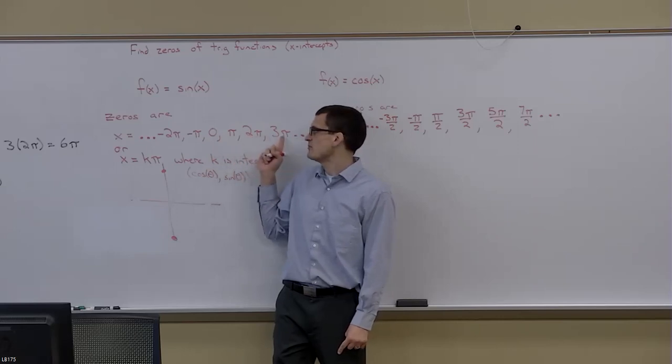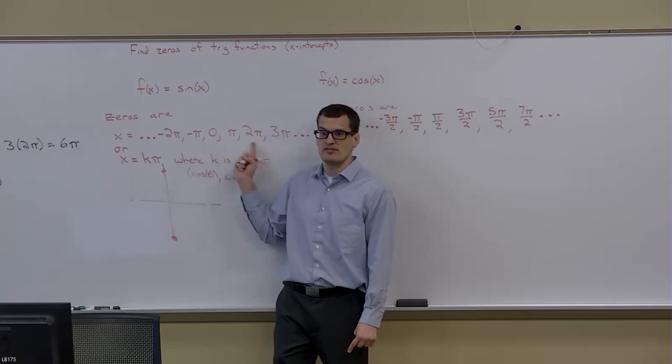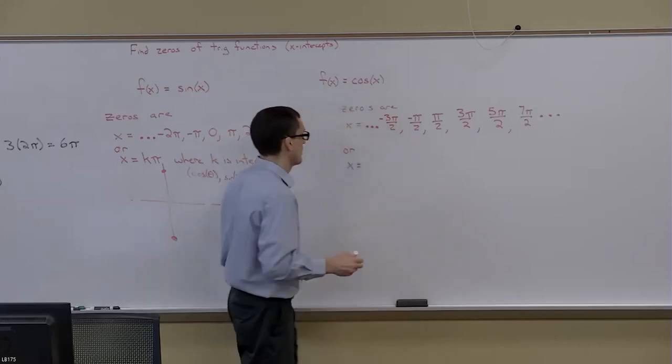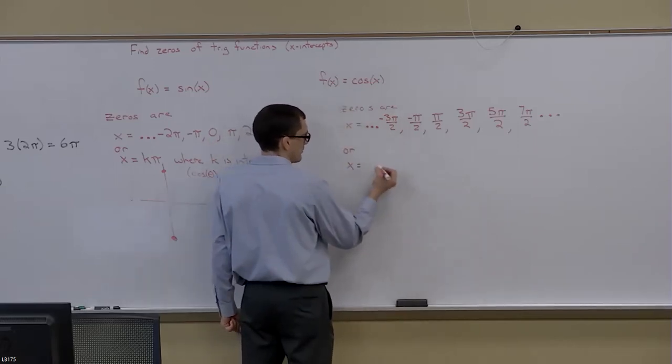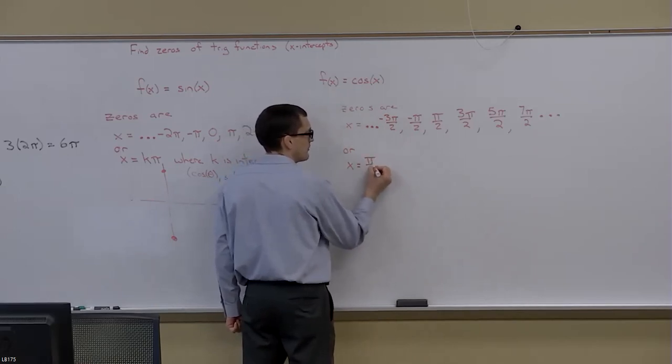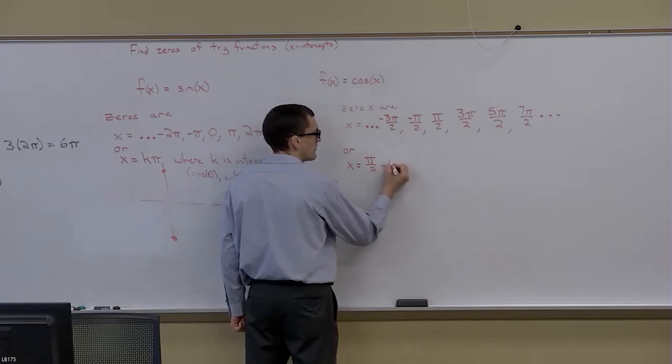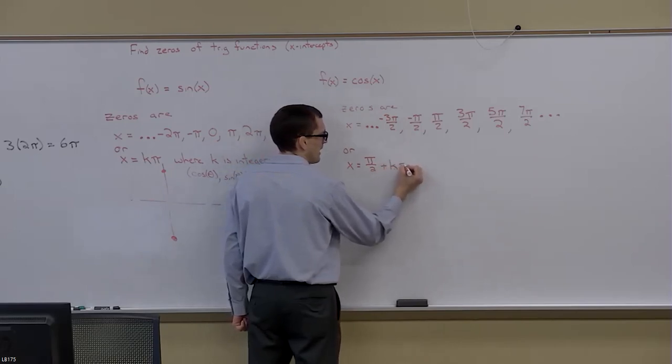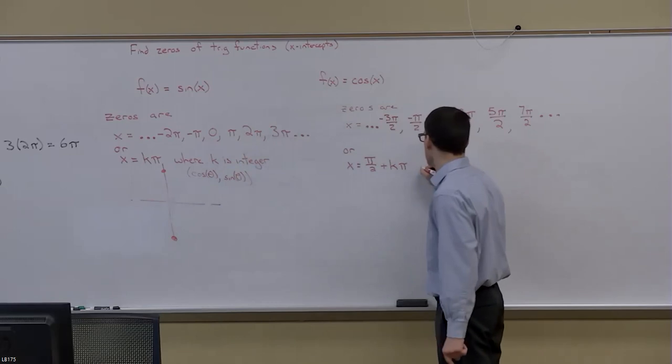So if you just add pi over 2 every time to these, sometimes people write x is equal to pi over 2 plus k pi, where k is an integer.